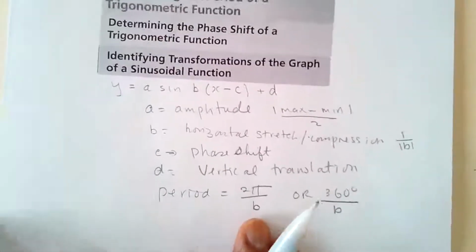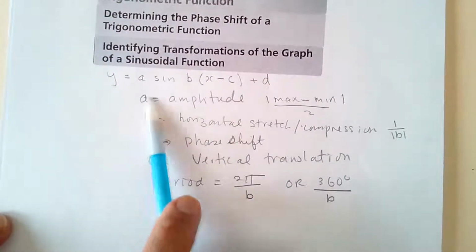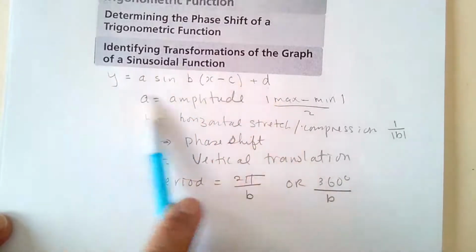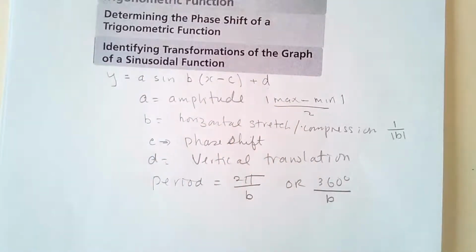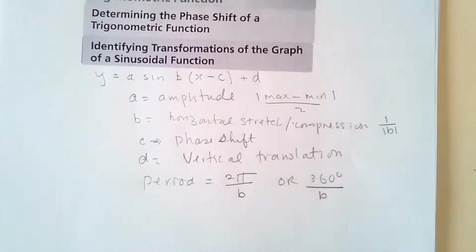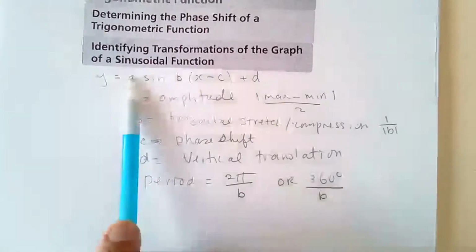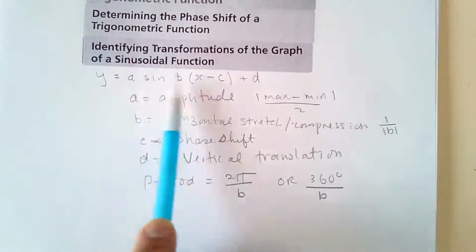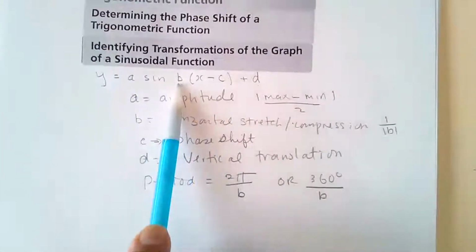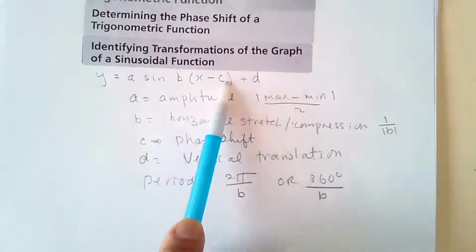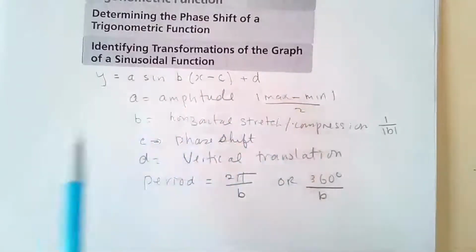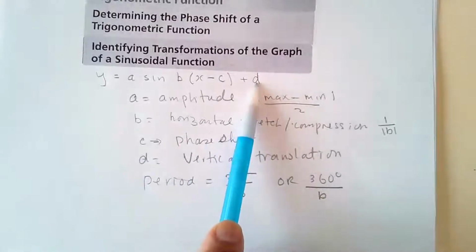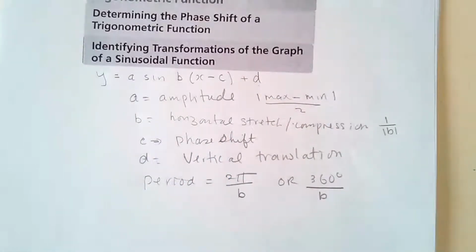We'll have this graph, but we'll have a combination of transformation, translation, and compression. So amplitude would be vertical stretch or compression. B is horizontal stretch or compression. C is your horizontal translation. And D is a vertical translation.